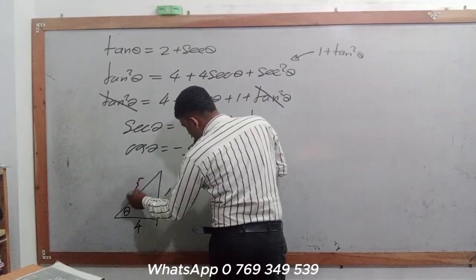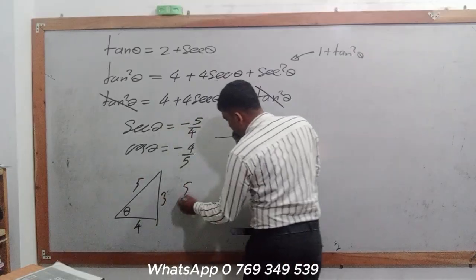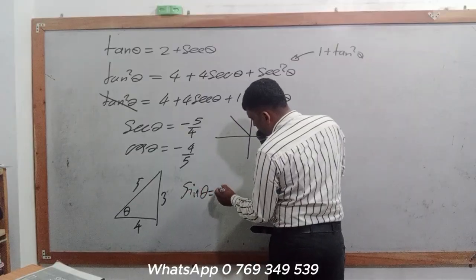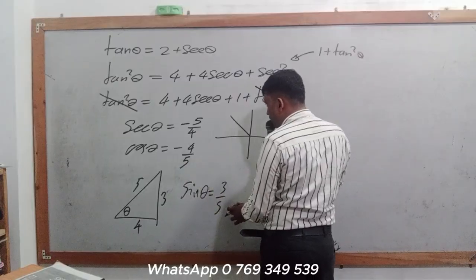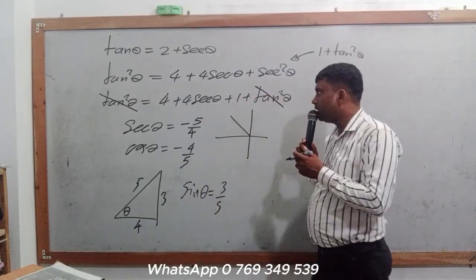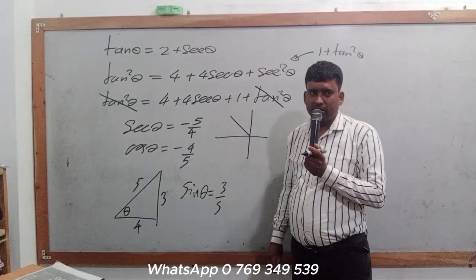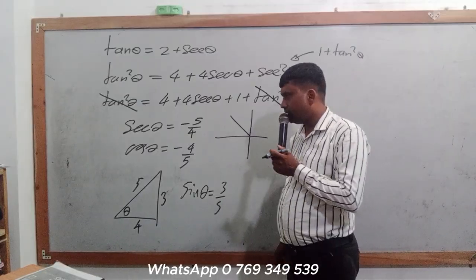Here 4 and here 5, so this one should be 3. Therefore sine theta equals 3 over 5, and cos theta equals minus 4 over 5. This is the second quadrant.